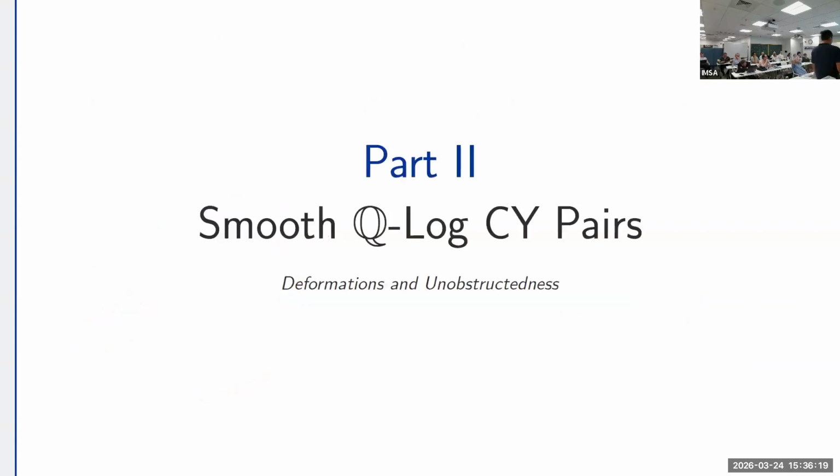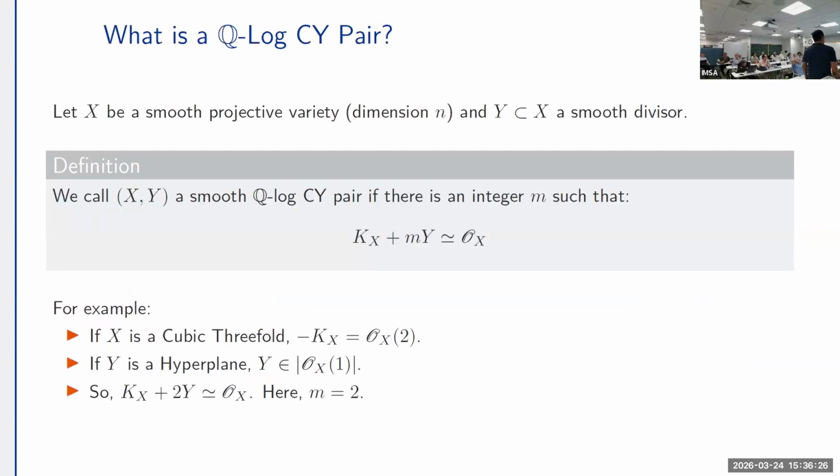Okay. So now let me go to Q log Calabi-Yau pairs. We can go to any dimension here. It's not that complicated. So you let X be a smooth projective variety of dimension n, and Y is still a smooth divisor. So I will call the pair a Q log Calabi-Yau pair if there is an integer m such that we have this equation here.